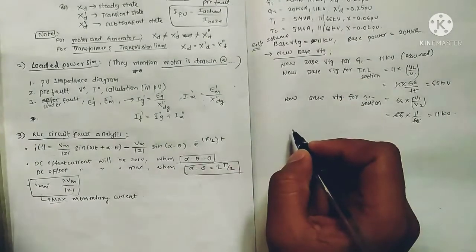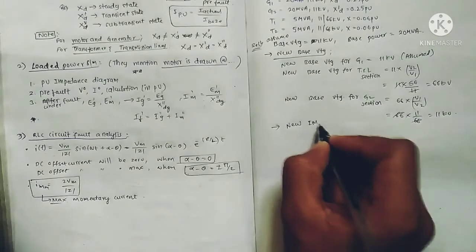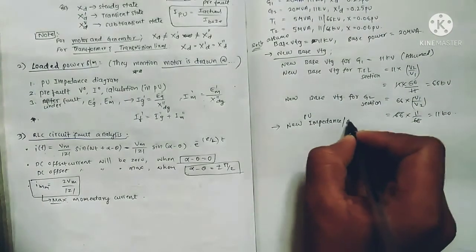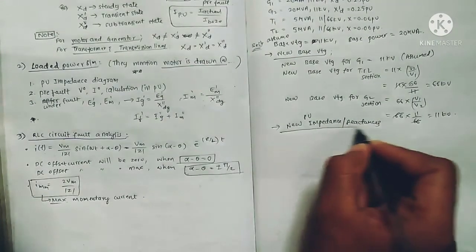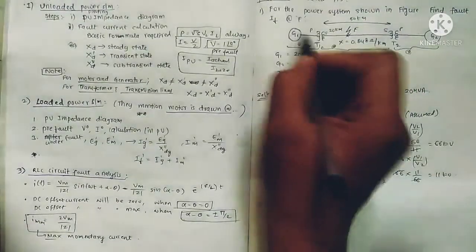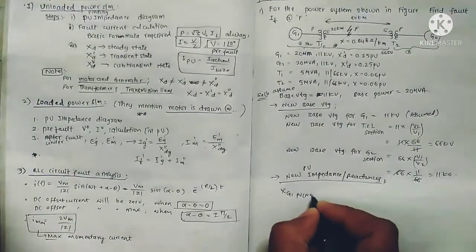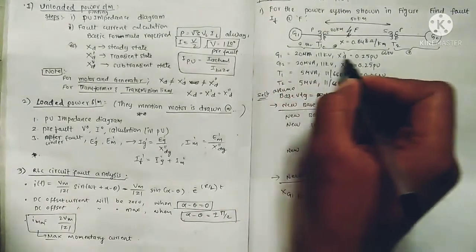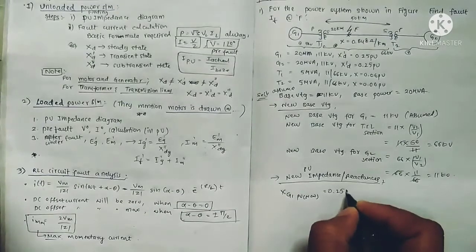To draw an impedance diagram, we also need to find the new per-unit impedances or reactances. First we calculate XG1 dash PU new, which is equal to the old PU of G1, given as 0.25.